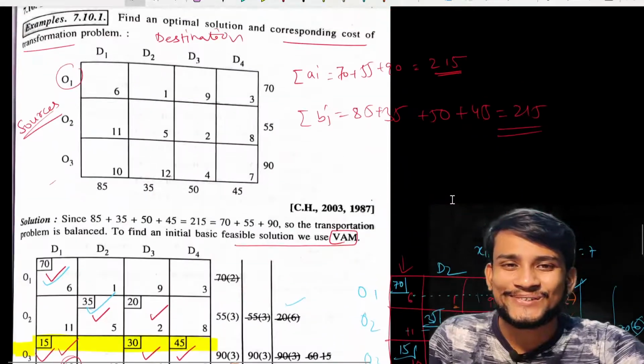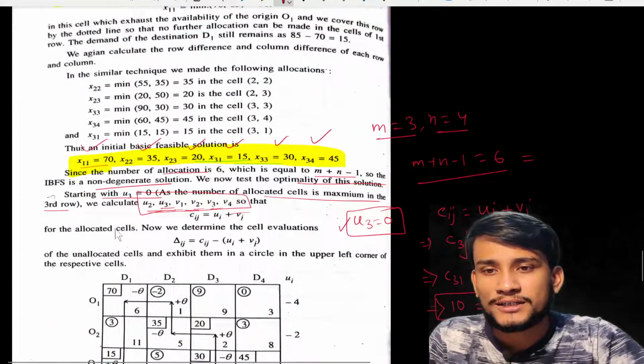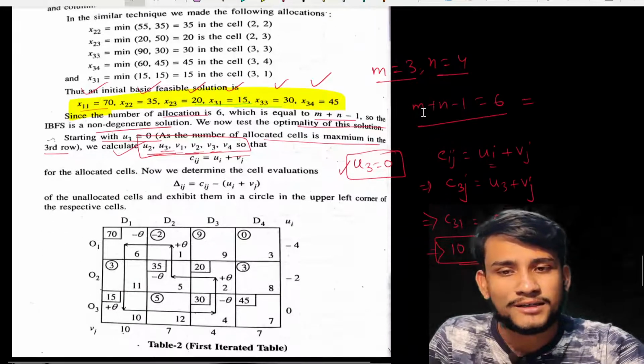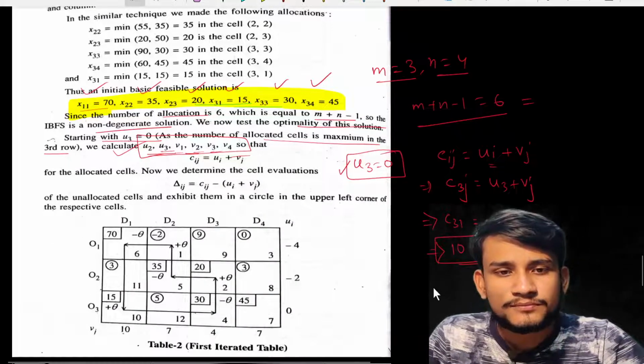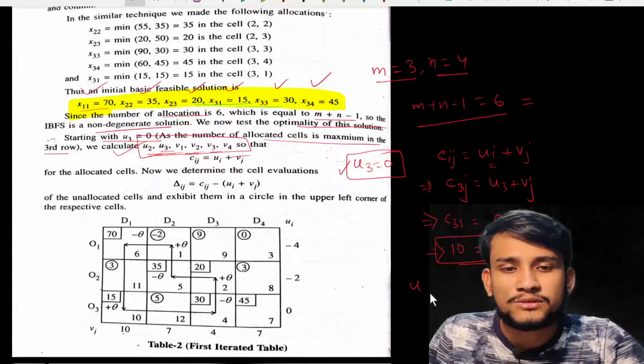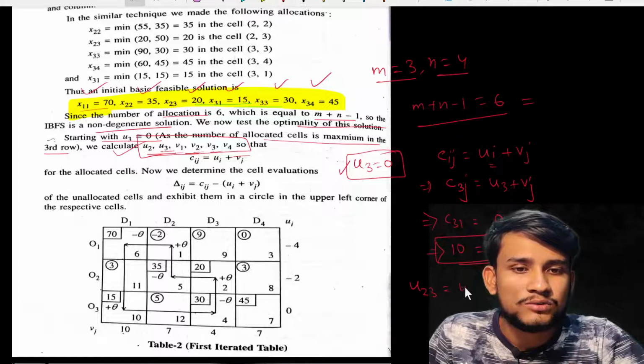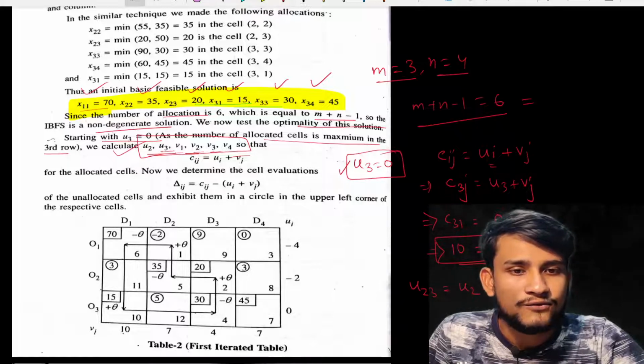Okay, so how can we calculate the delta 1 2? We have to calculate all these unknown quantities. So v3, let us write c23. This is equal to u2 plus v3.